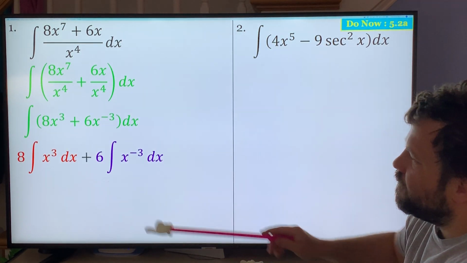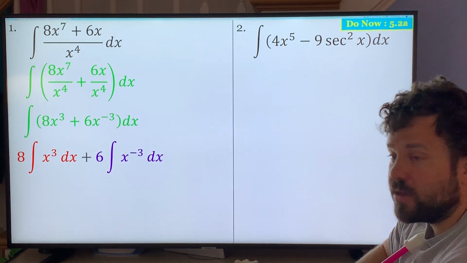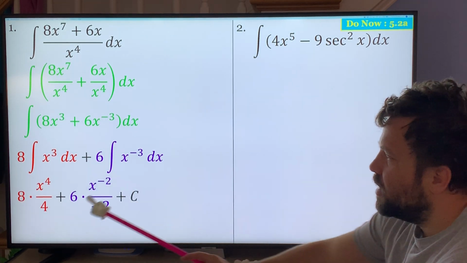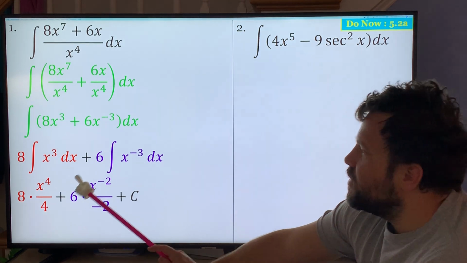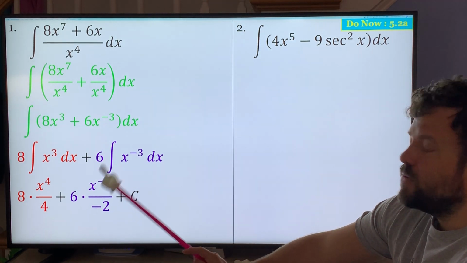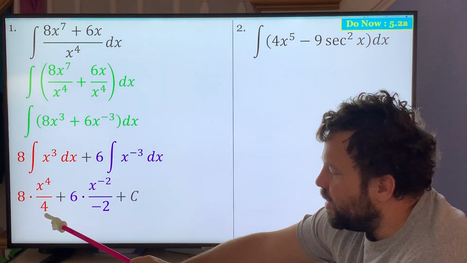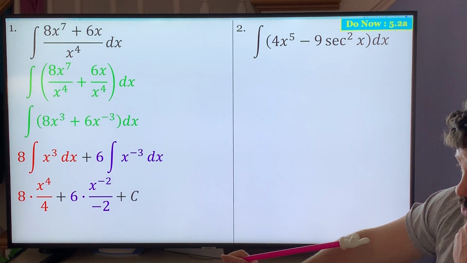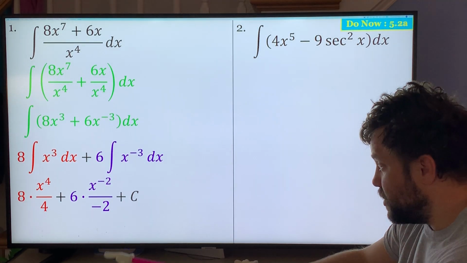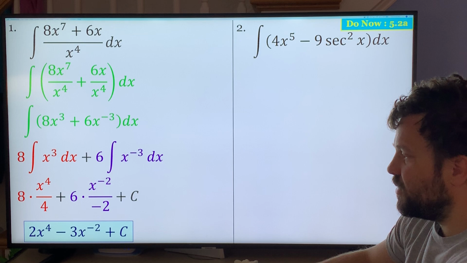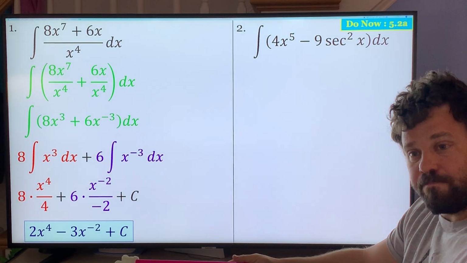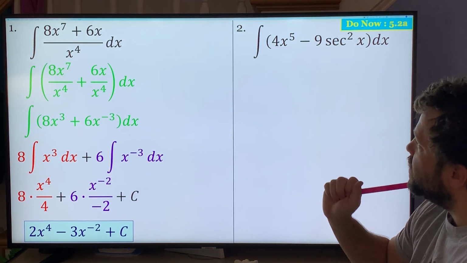First you separate it, taking out the coefficients. 3 plus 1 is 4, divided by 4. Negative 3 plus 1 is negative 2, divided by negative 2. Then you distribute. 8 divided by 4 is 2, 6 divided by negative 2 is negative 3, and you get your answer. Easy.